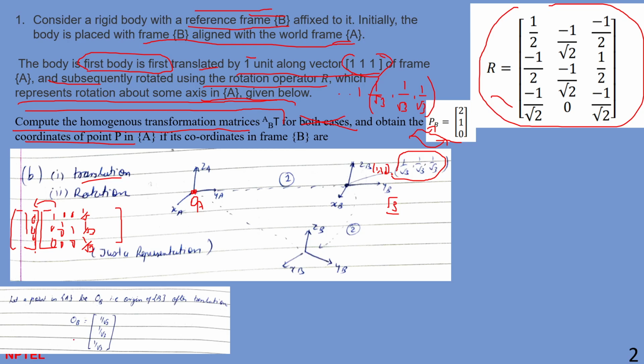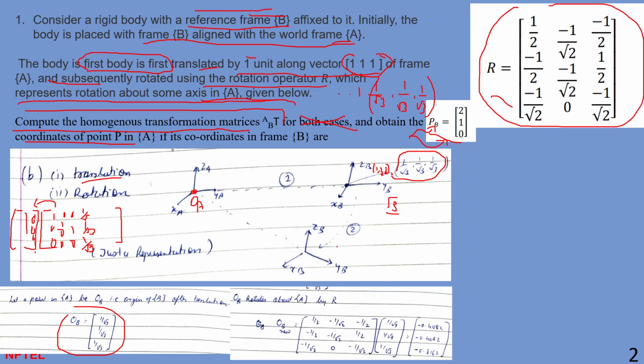The other way is first you get this rotation matrix, and you have this vector here. You translated to some point, and after translation you need to rotate. So how do you rotate? This is your new origin. OA is your world frame, and this is OB now.